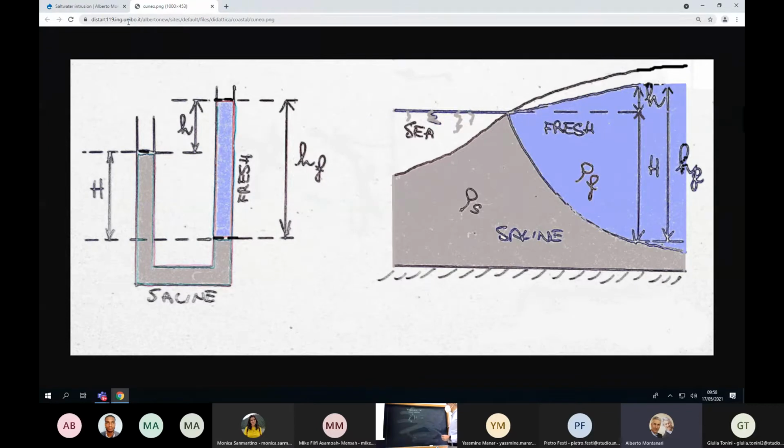So the pressure of salt water above the surface of separation is equivalent to the pressure of fresh water, which is given by gamma F, the specific weight of fresh water, times lowercase hf. And this is the pressure of fresh water.